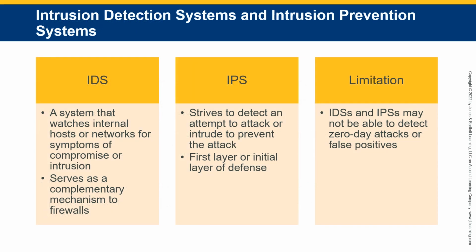Now, we have intrusion detection systems and intrusion prevention systems. Now, an IDS is a system that watches internal hosts or networks for symptoms of compromises. It serves as a complementary mechanism to firewalls.